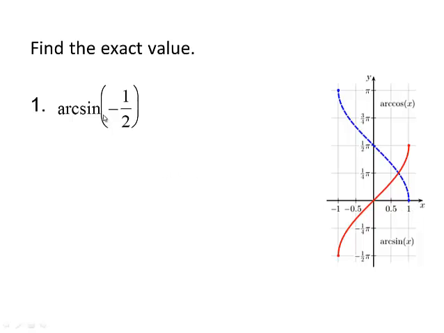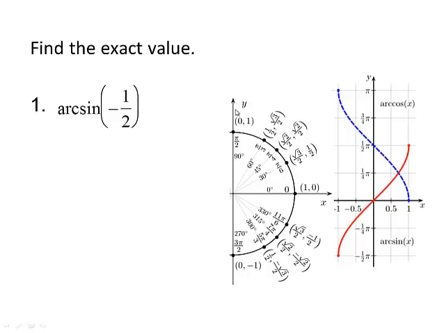So, finding the exact value of arc sine of -1/2. Well, you know that arc sine is in quadrants 1 and 4. Sine of -1/2 is this one right here. So that will be equal to 11 pi over 6, or -1 pi over 6.